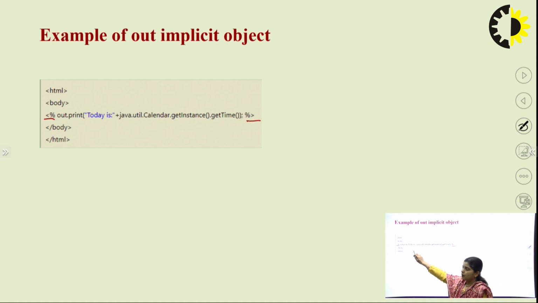So this code is going to print the current time of today, basically this code is going to display the calendar. So for that purpose this code is written here.